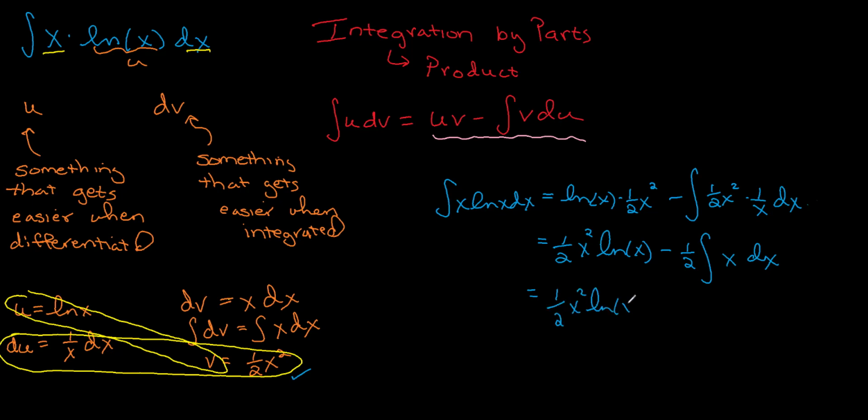The integral of x is just going to be 1/2 x squared. I'll put my plus c on the end of this. And final answer would be 1/2 x squared ln of x minus 1/4 x squared plus c.